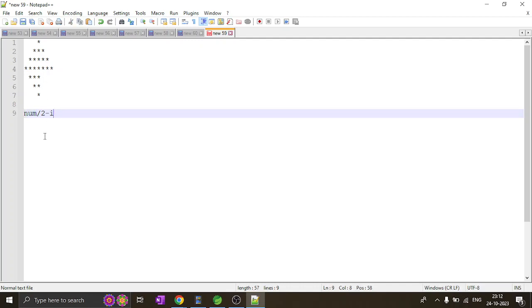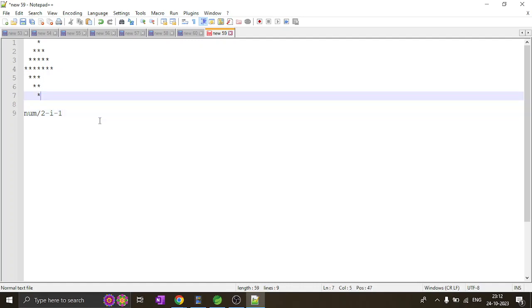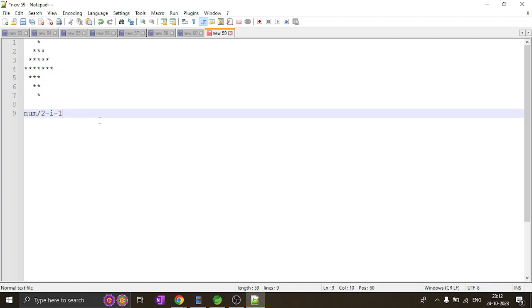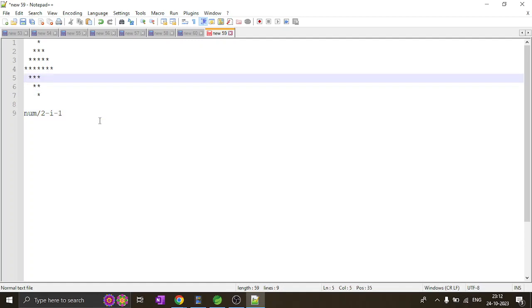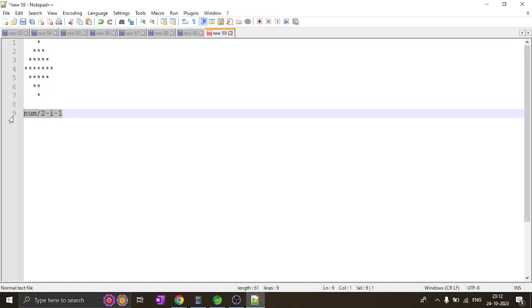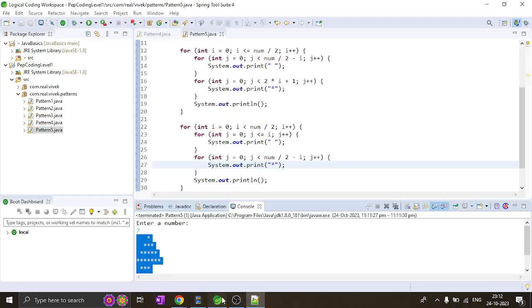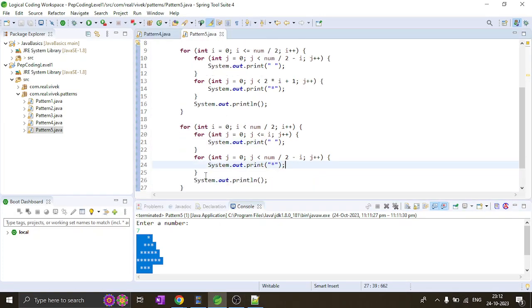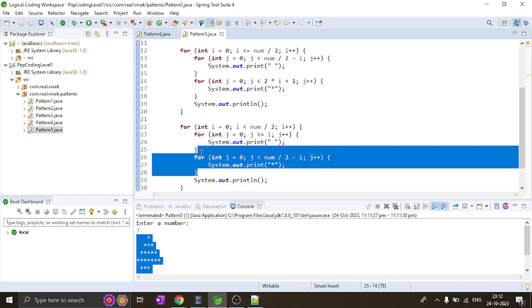7 by 2 is 3. 3 minus 0 is 3. Minus 1, which is 3 minus 1 is 2. So it will print 0 and 1. So it should print 2 stars, then 1, and then no star, right? So I think this condition will work. Let's try to have this loop again.